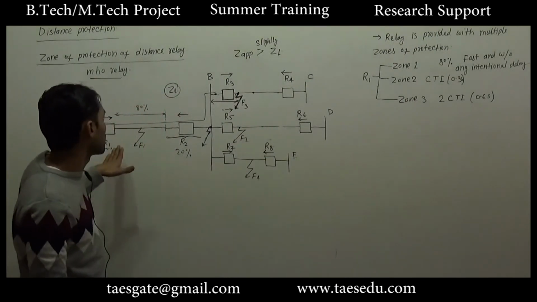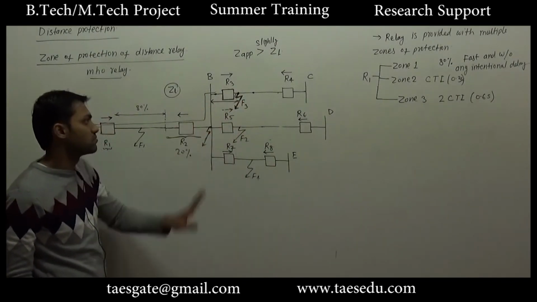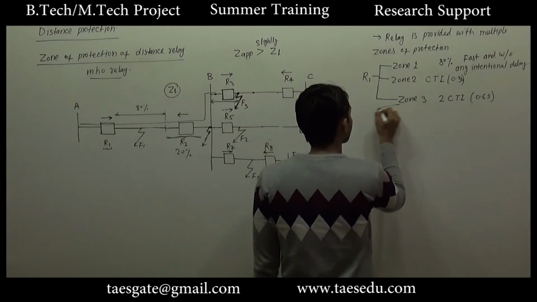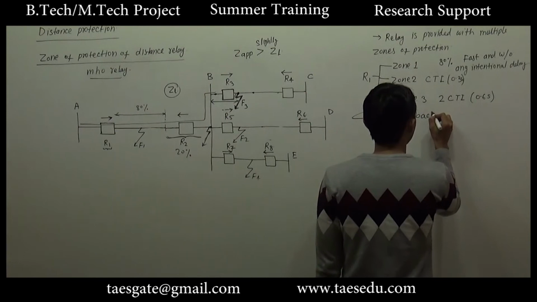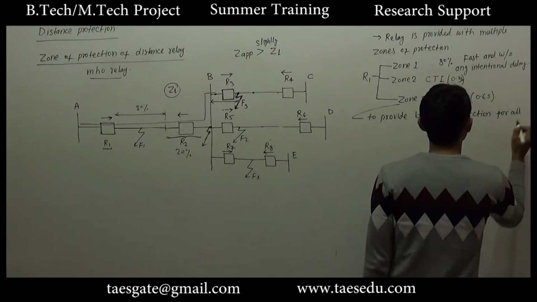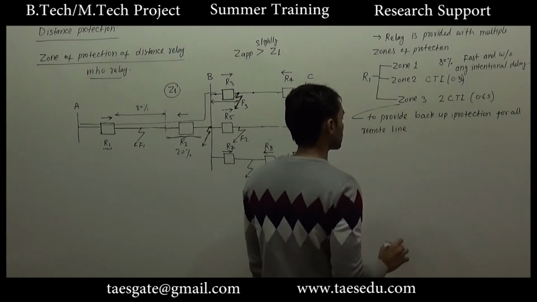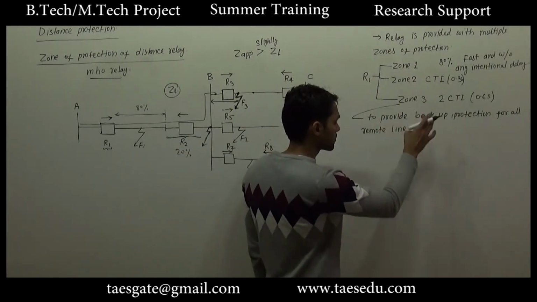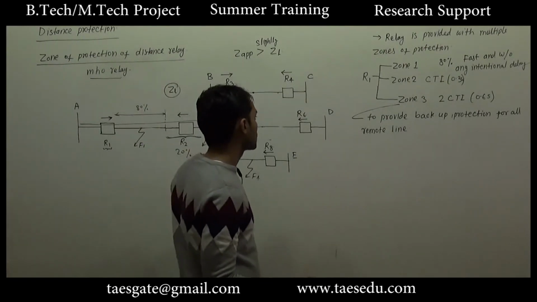Okay, this provides backup protection for only those faults which are on the remote line but near bus B. So the purpose of zone 3 is to provide backup protection for all remote lines. Or we can also say that the purpose of zone 3 protection of relay 1 is to provide backup protection for the longest remote line.